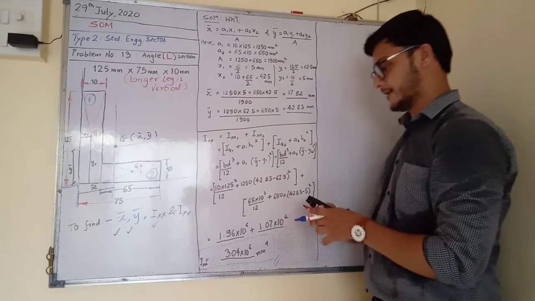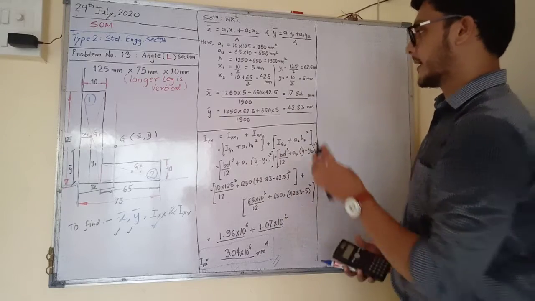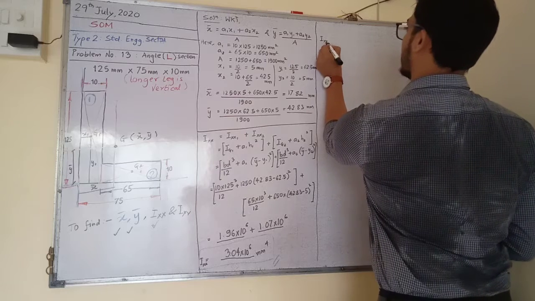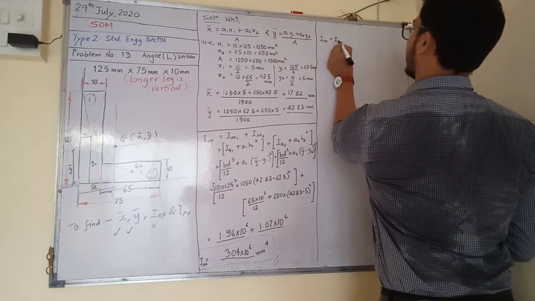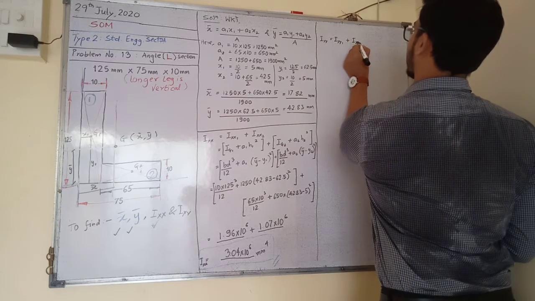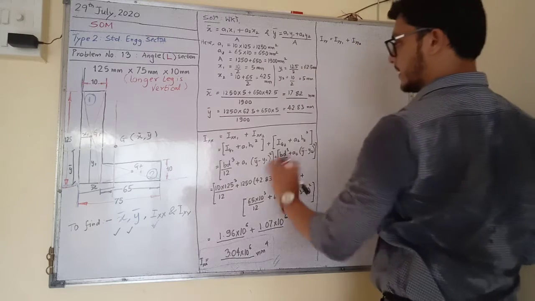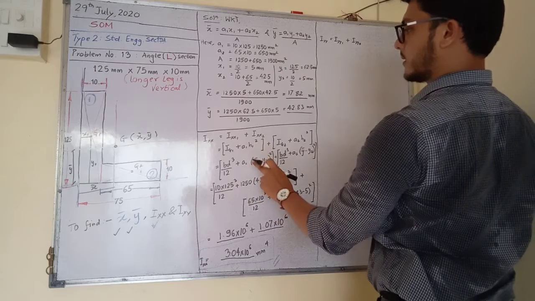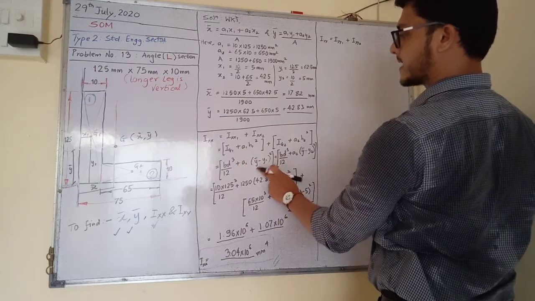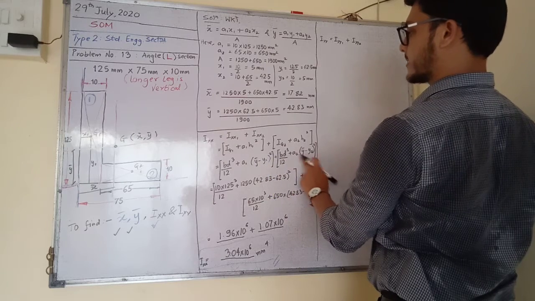Now last thing, Iyy. For Iyy again we have to apply parallel axis theorem. Iyy will be equal to Iyy1 plus Iyy2. Same thing you have to do. Okay. Now Ig will be db cube by 12. Area will be same. H will be x bar minus x1 and x bar minus x2, the whole square.